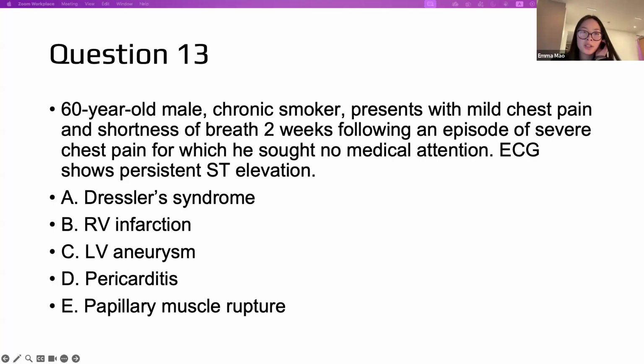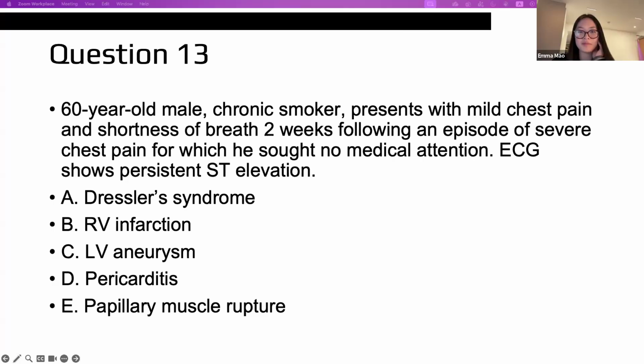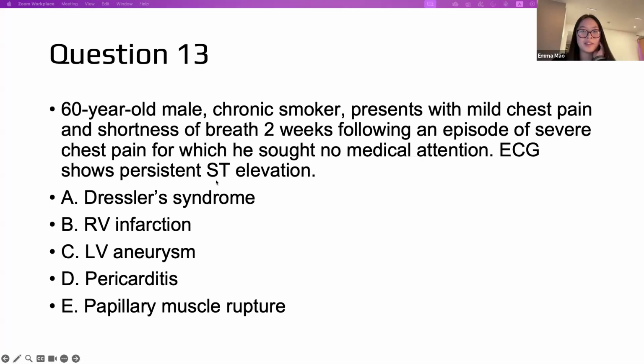So we have a 60-year-old male chronic smoker presents with mild chest pain. So he has mild chest pain and shortness of breath. And it's following an episode of severe chest pain, which he sought no medical attention. So the severe chest pain was supposed to mean an MI, which he did not seek medical attention for. And then this new chest pain that is continuing suggests a left ventricular aneurysm. And because persistent ST elevation is often a sign for left ventricular aneurysm too.